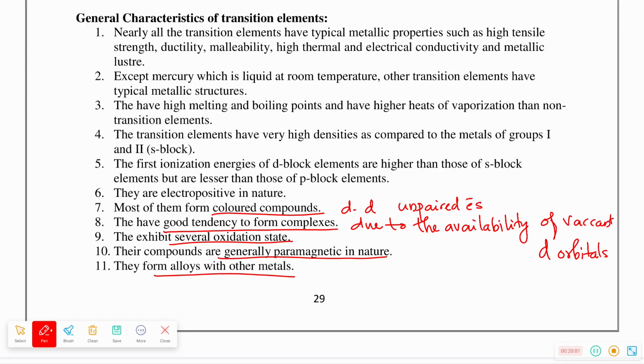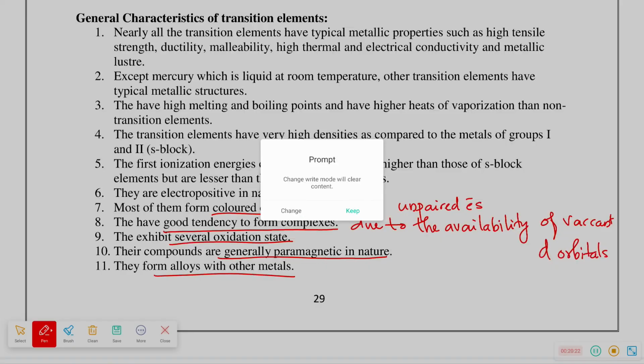Brass is a mixture of zinc and copper. Bronze is a mixture of copper and tin.